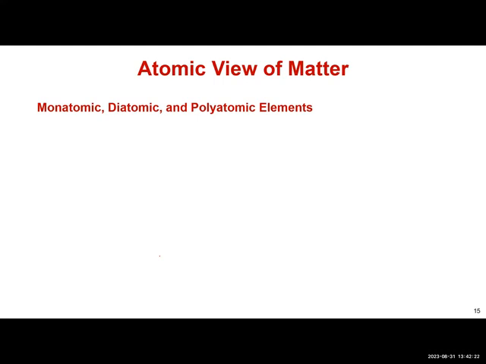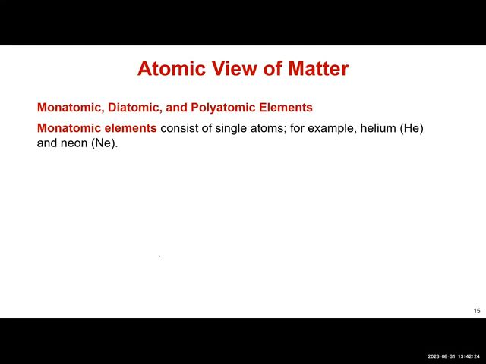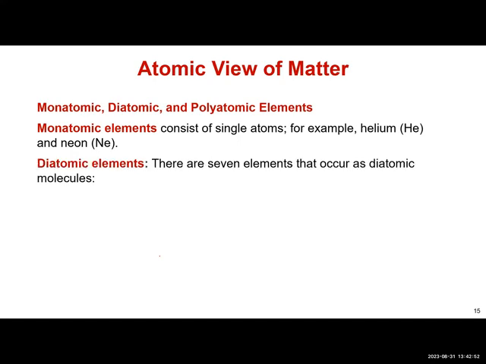We're going to look into this. Monoatomic elements are like noble gases, which are unreactive. In the periodic table, we're going to talk about noble gases. Helium, neon, argon, krypton, xenon, radon are the last column of the periodic table. These are monoatomic.